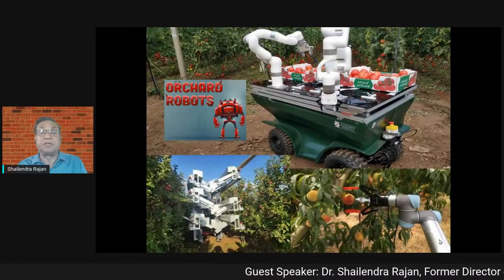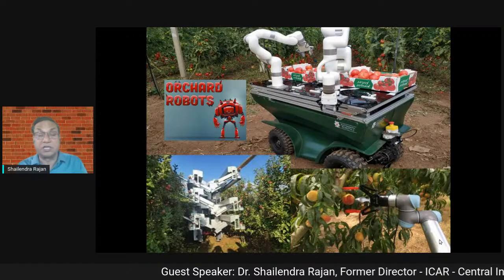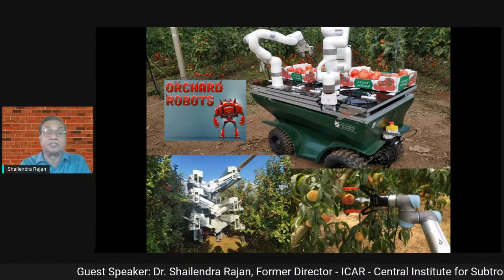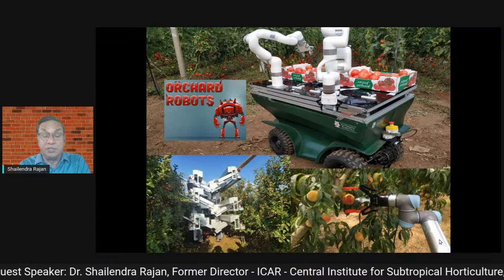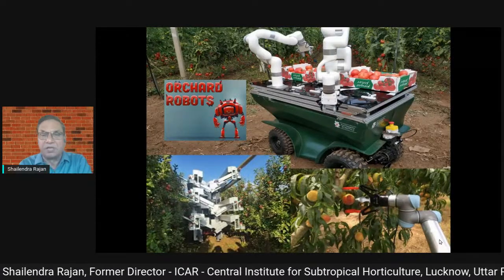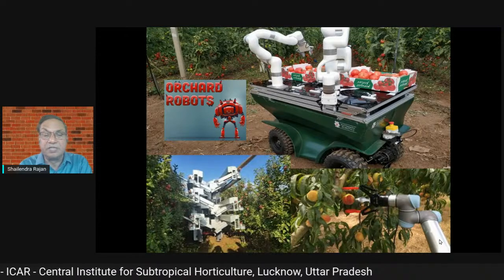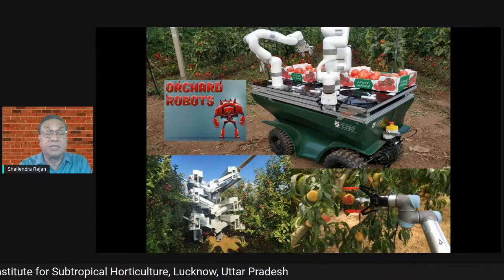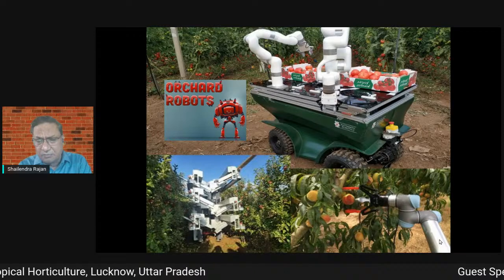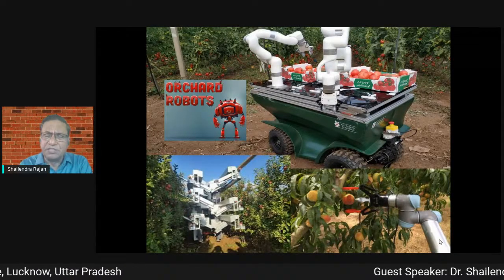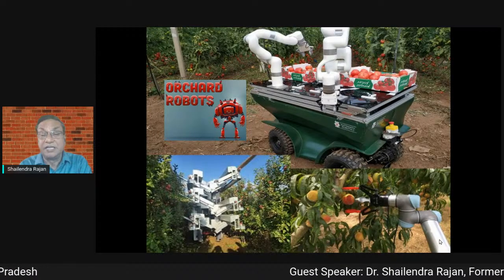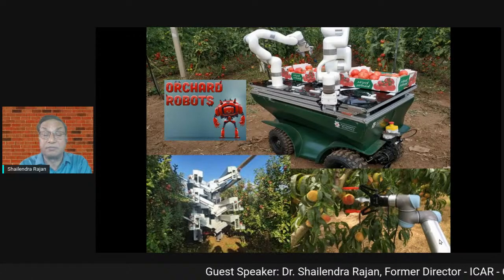Then robots are becoming important, and orchard robots are becoming common because of the fruits which are to be harvested, particularly tomato, and now it is becoming so in peaches, cherry, many of the crops. Mechanized shakers are there which can shake the tree, and walnuts can be harvested by that.